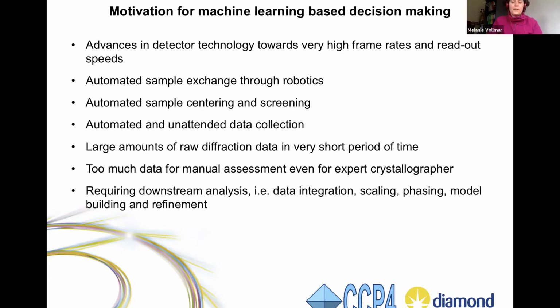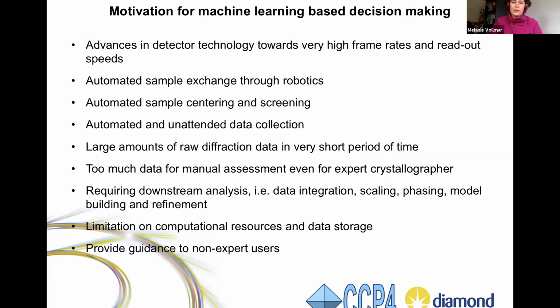All of that data still needs to be properly assessed, obviously. Not just being collected, we want to make use of it. So all of the integration, scaling, phasing, model building and refinement need to be done. We have limited computational resources, which are shared over the entire facility. So everything that's collected in the MX field cannot just simply occupy the computational cluster.